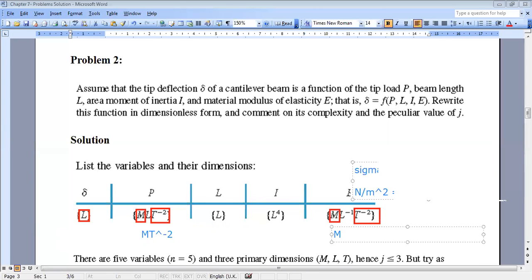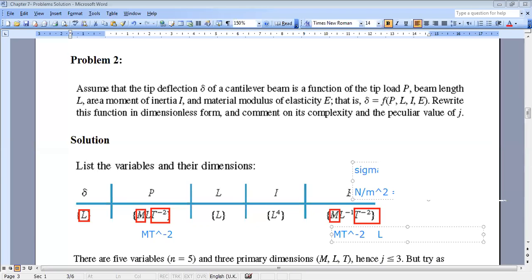If we choose any 3 variables, we can find 2 of them forming a group. What I have in this problem is like L and MT minus 2. I don't have L, M, and T separate, because MT minus 2 is repeated in the same way.